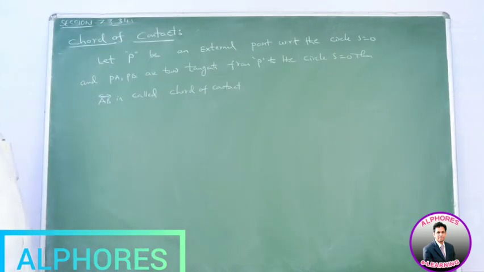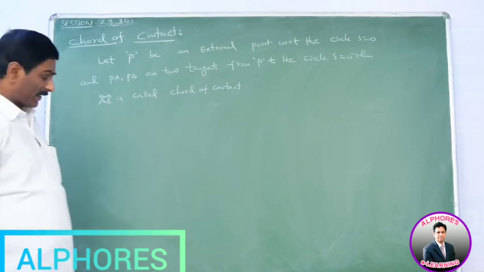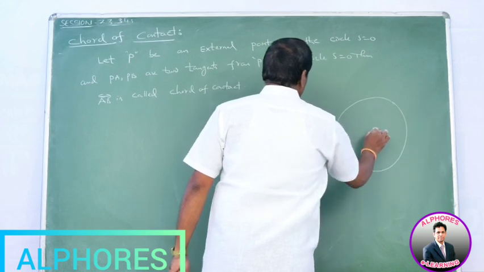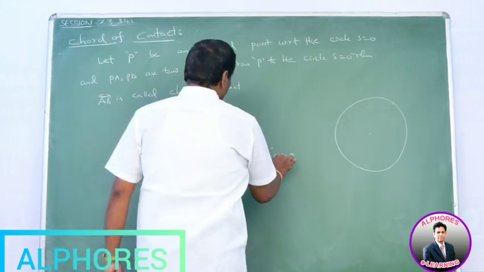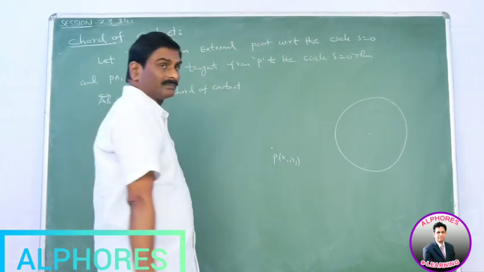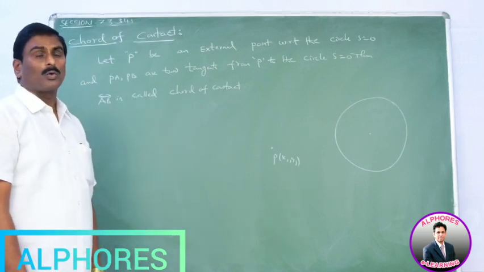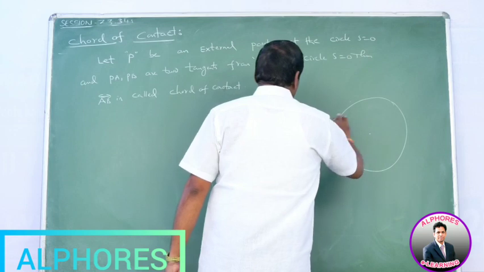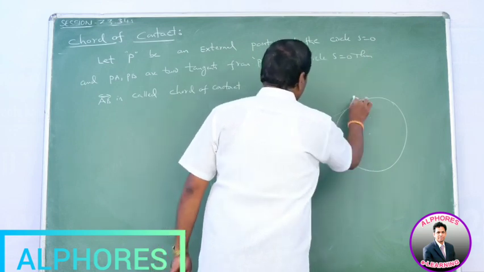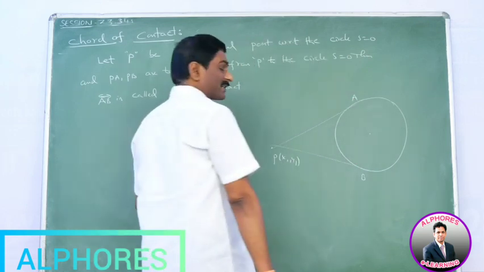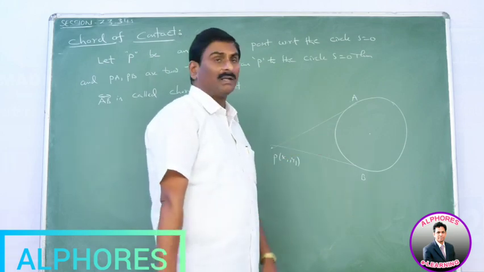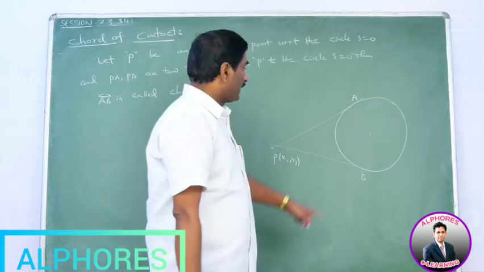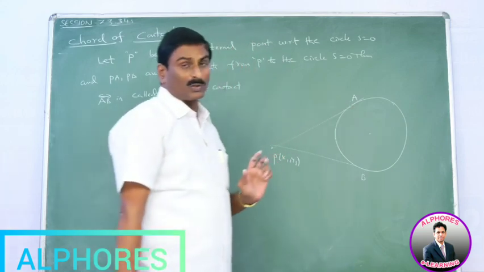Next, chord of contact. Let S is equal to 0 be the equation of the circle and P(x1, y1) is any exterior point with respect to the circle. Then we can draw two tangents from P to this circle. Say PA, PB are two tangents, where A, B are the points of contact of the tangents from P to this circle.